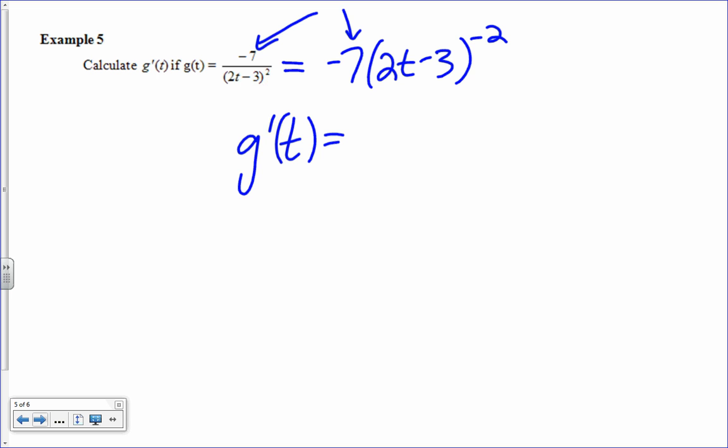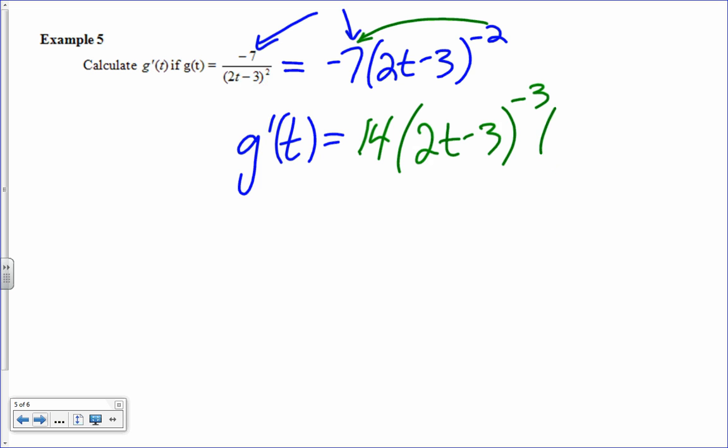All right, so here we go. Multiply them. That's a good arrow. What do we get? 14 times 2t minus 3. Very easy to mess up. -3.